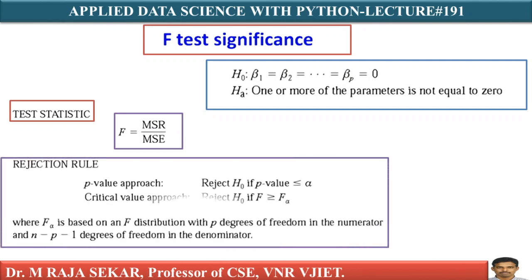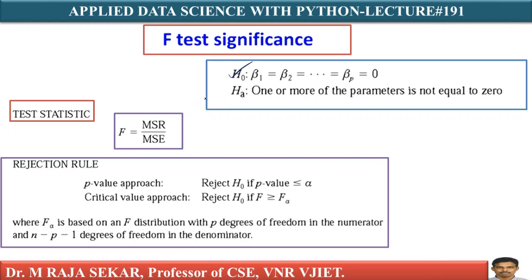And what is the rejection rule? There are two approaches, the p-value approach and the critical value approach. We will try to understand these things. Let me say, accepting the null hypothesis means what? This is my null hypothesis H naught.